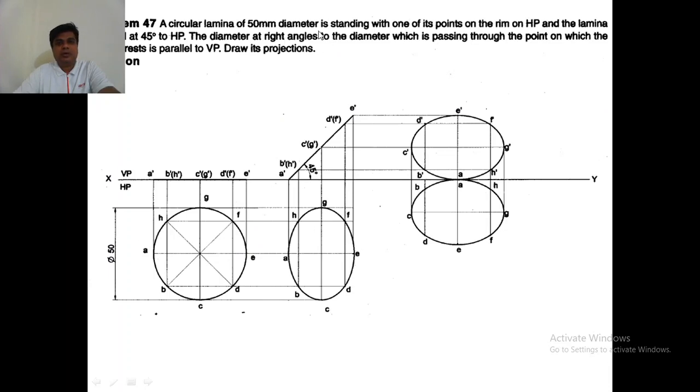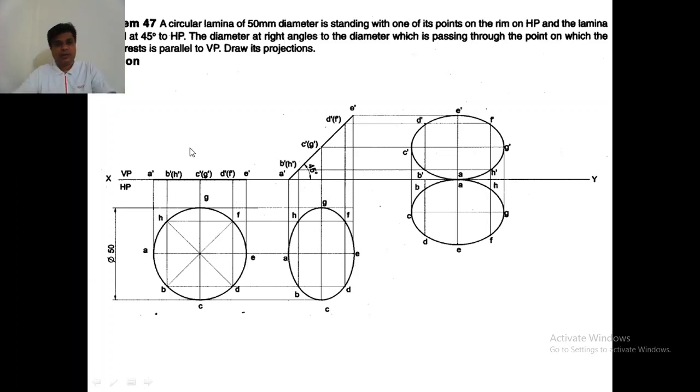In this problem, the circular lamina is lying with one of its points on the rim or circumference on HP, and the laminar surface is inclined at 45 degrees to the HP. So the circular plane is inclined at 45 degrees to the HP.